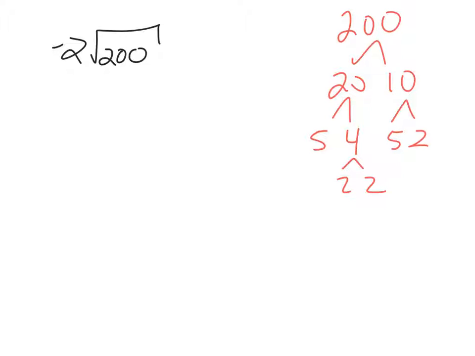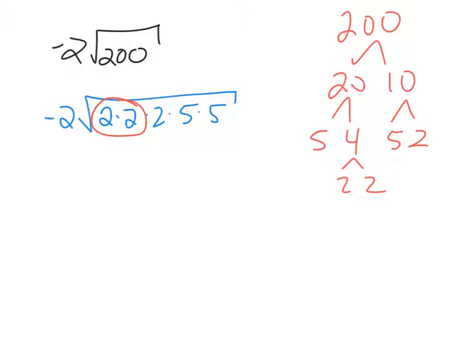All right, so then I want to rewrite this as negative 2 times the square root of what? So we're looking for groups of 2s again, or groups the size of 2. So how many of those are there?